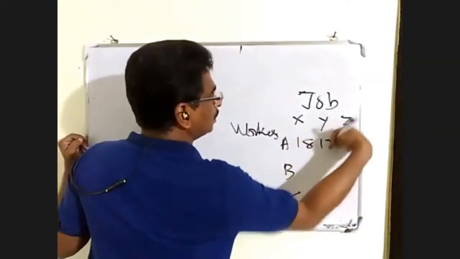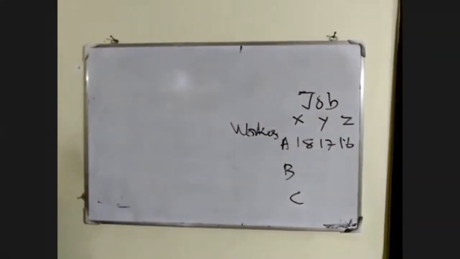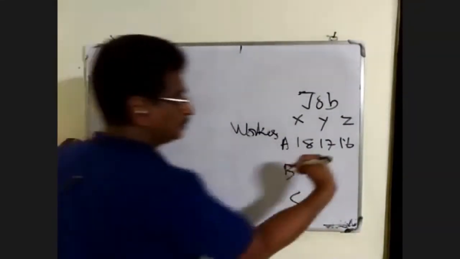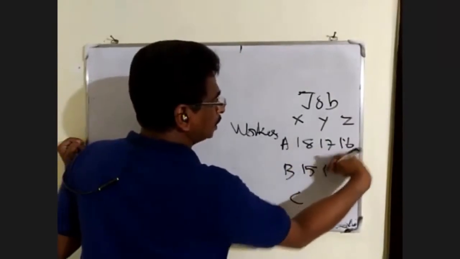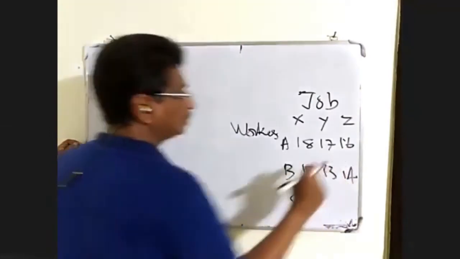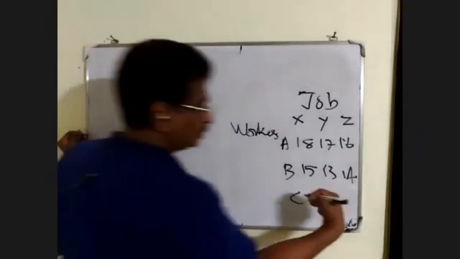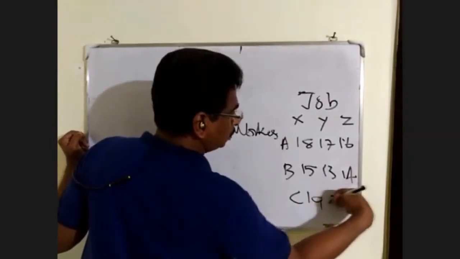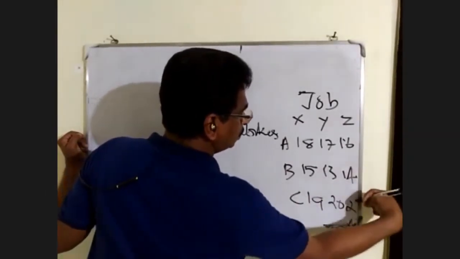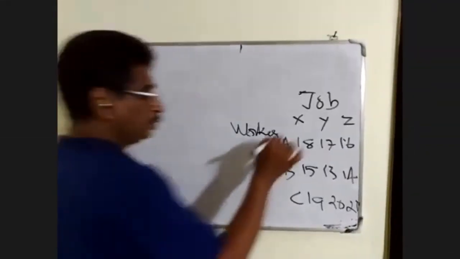Second row 15, 13, 14. Third 19, 20, 21. Okay. Can you try, or shall I do it?